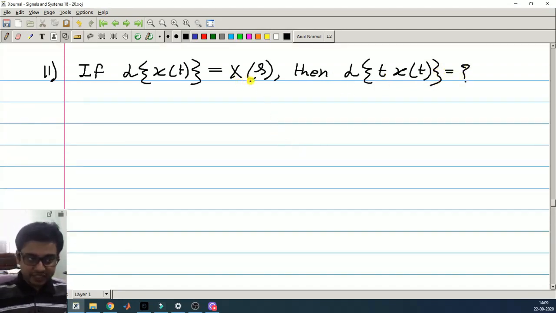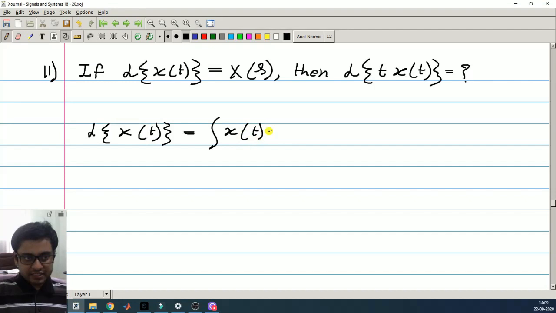We did something similar for the Fourier transform as well. So to find this, let me first write the Laplace transform of x(t) is equal to the integration of x(t) e to the power minus st dt, t running from minus to plus infinity.